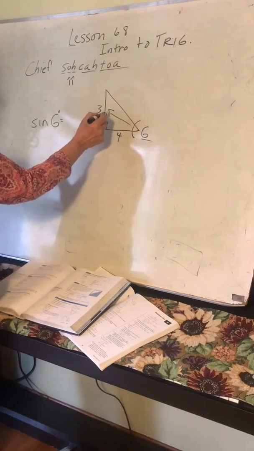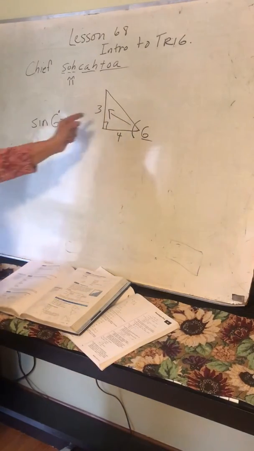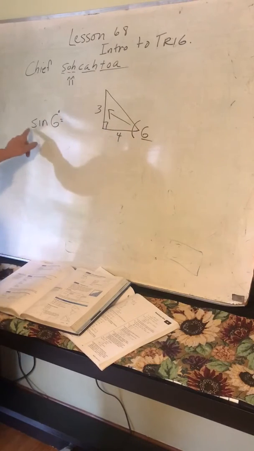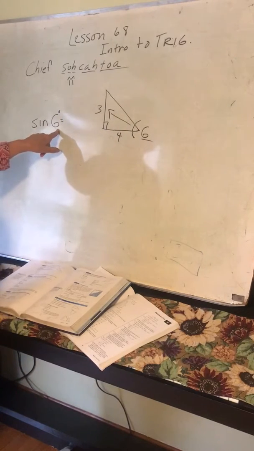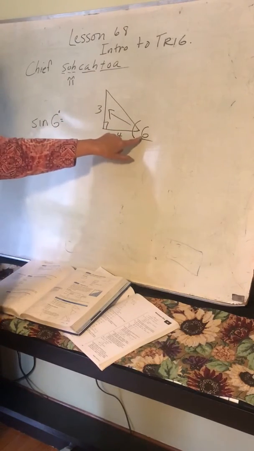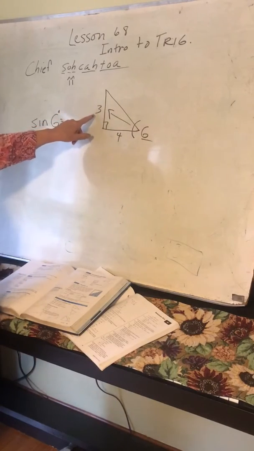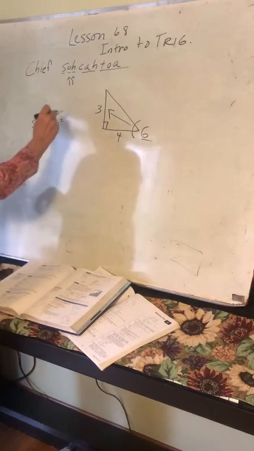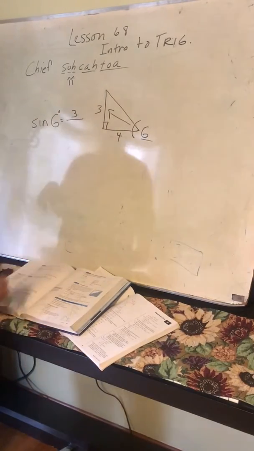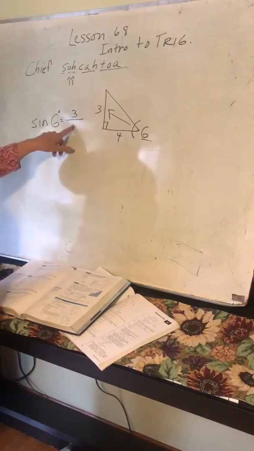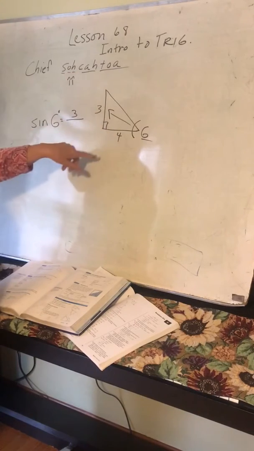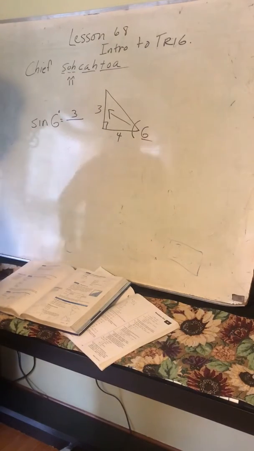Opposite is the side opposite to the angle. So here's angle G, and we're looking for that. Its degree measure is the opposite side measurement of 3 divided by the hypotenuse.